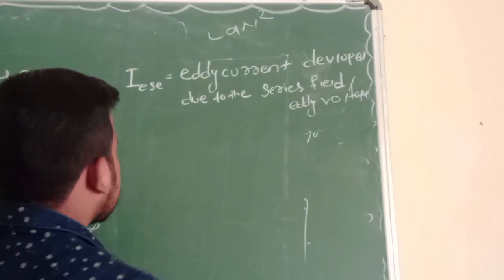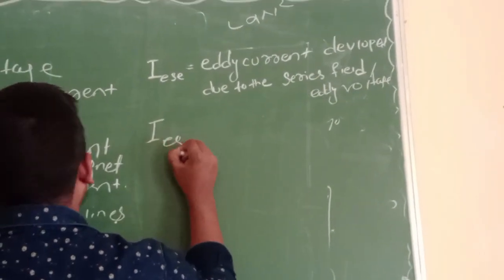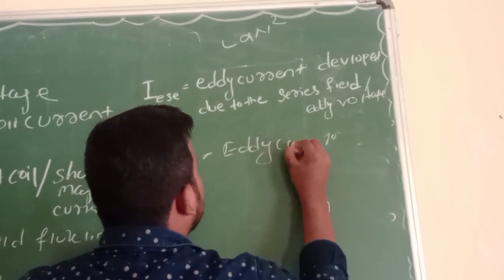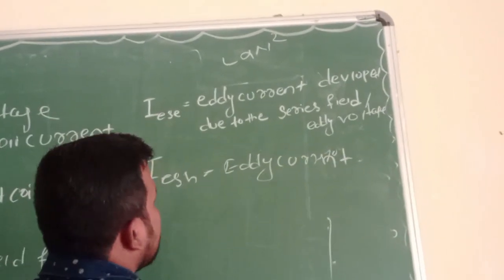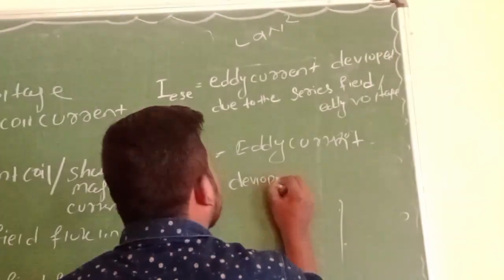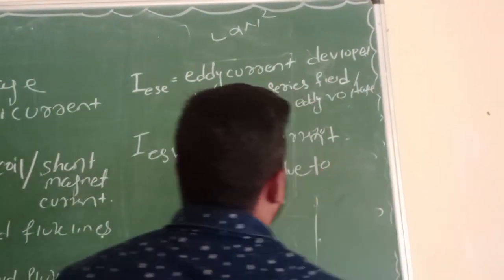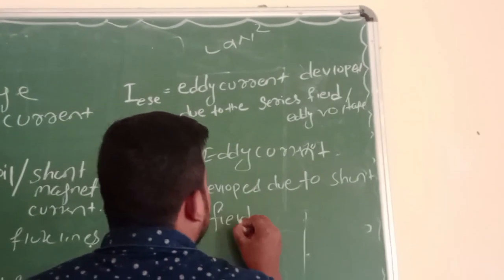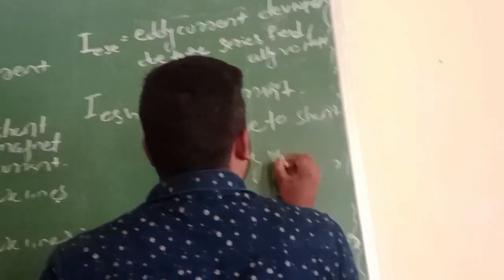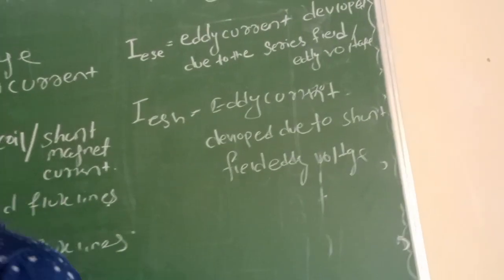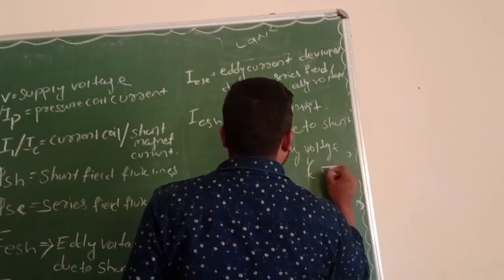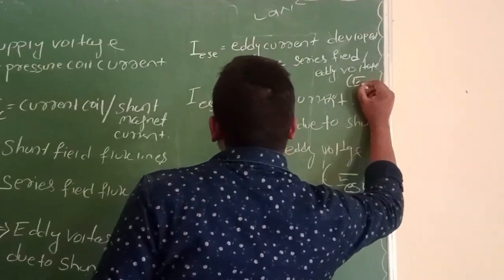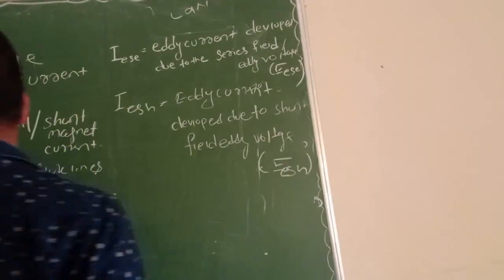And IESH is also known as the current developed due to the shunt field. The shunt field PD voltage, that is ESH.